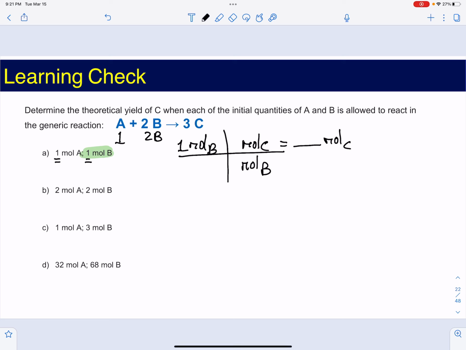And when I do that, there's 3 moles of C for every 2 moles of B. That means that if I consume all of my limiting reactant, the maximum I can make, if nothing goes wrong, in theory, is 1.5. So this is my theoretical yield.